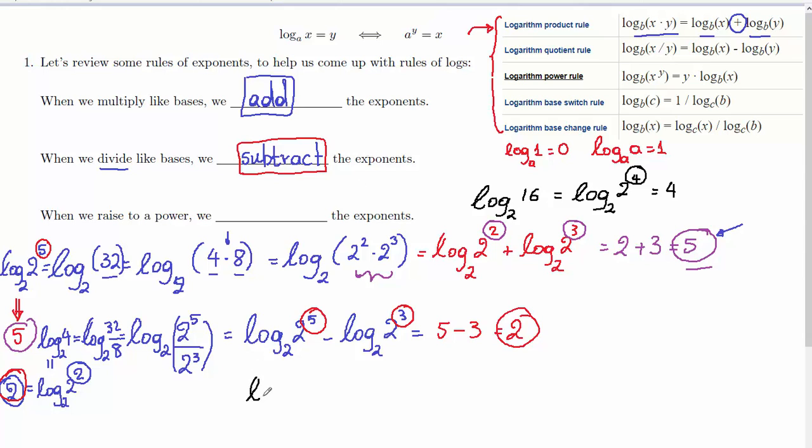If I have log with base 2 of 2 to the 5th, then I can bring the exponent down, and this is going to be 5 times log with base 2 of 2. This is what the property says. And this is equal to 5 times, well, this is equal to 1. 5 times 1, and this is equal to 5. So all the properties that we have here hold. And I can use each one of them.